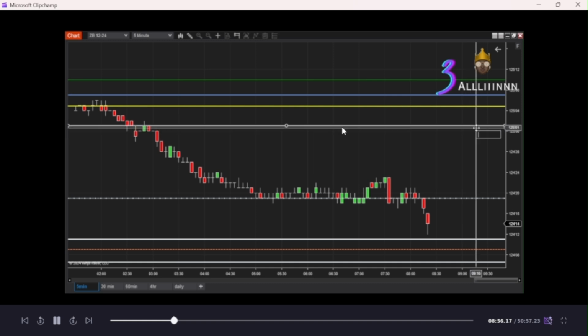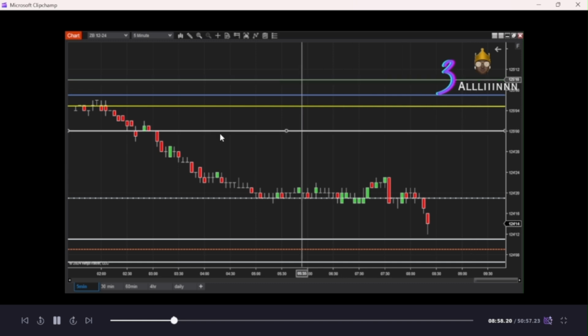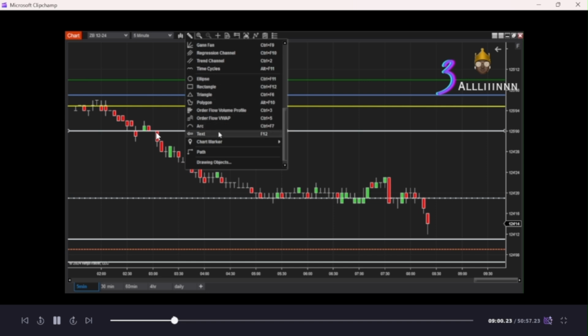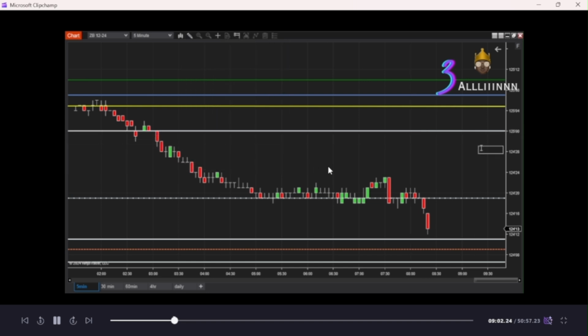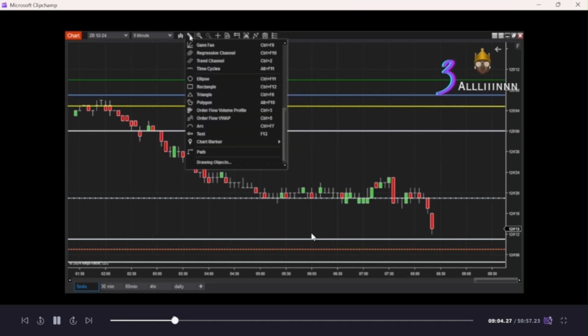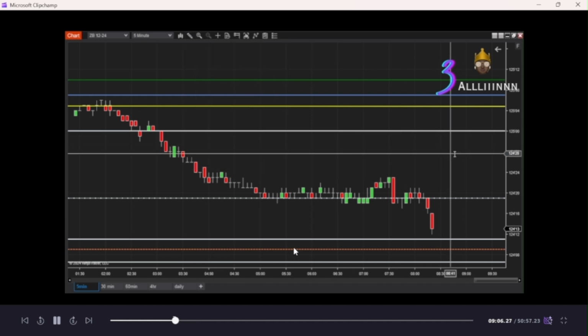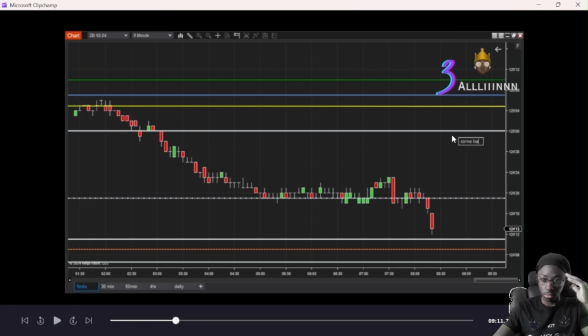This was that daily line, that daily level, what I thought was our new support. This level right here was a daily level, what I thought turned into our support. So my bias was for price to eventually come back and trade above here.